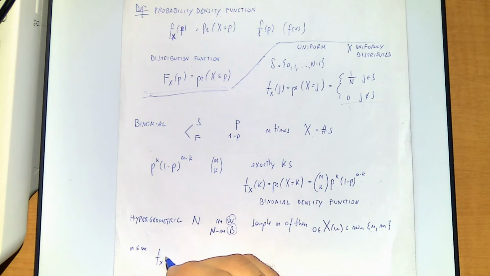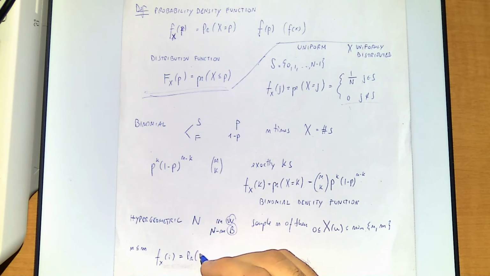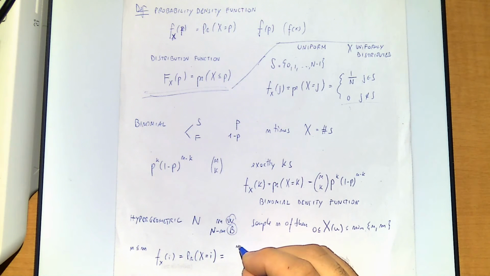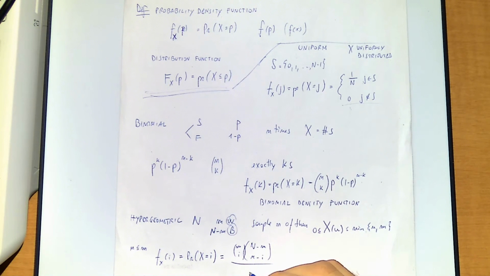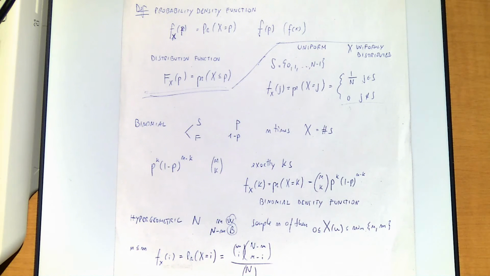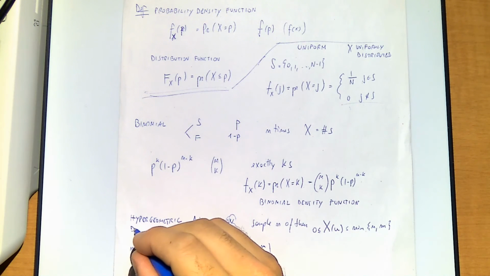f_X of i is equal to, remember, this was the probability that the random variable is actually equal to i, and this is equal to m choose i, and then n minus m choose the remaining ones, n minus i, divided by the total. It's just binomials, and this is the hypergeometric density function.